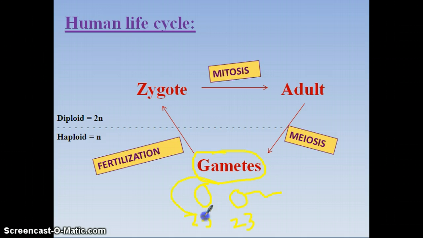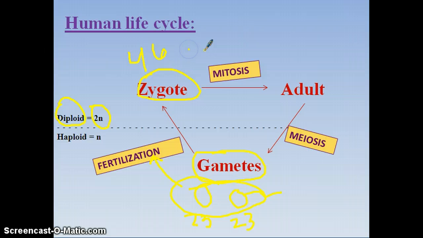When the egg and the sperm unite, that is called fertilization. And through the process of fertilization, a zygote is formed, where you have 46 chromosomes, which is twice the number, and these are diploid. And the zygote then will start to develop and grow.